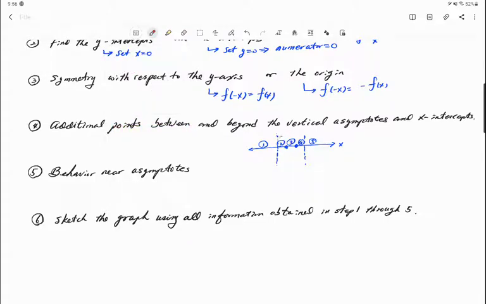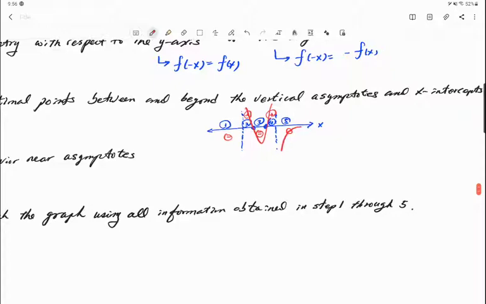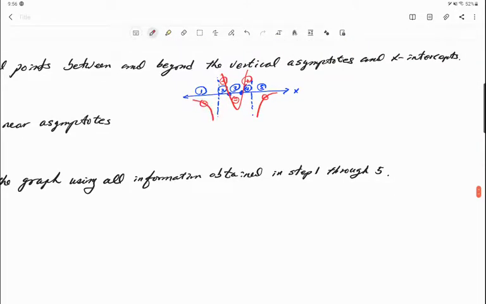So if this is positive, negative, just as an example, negative, and this positive, and this, let's say, negative, then the graph looks something like this, and maybe like this. It depends.